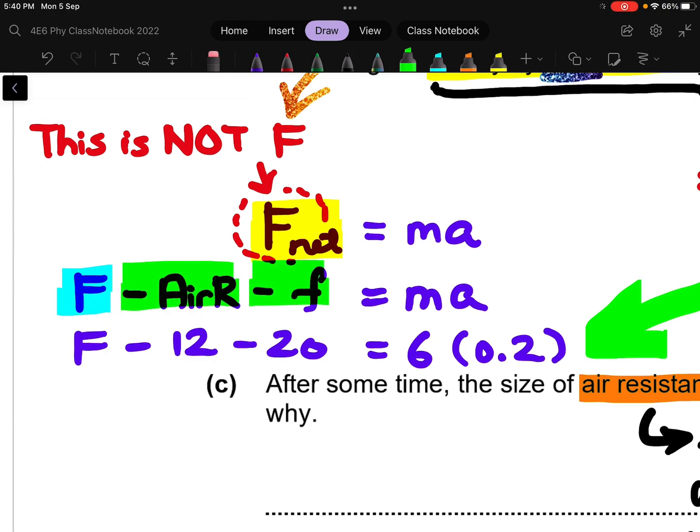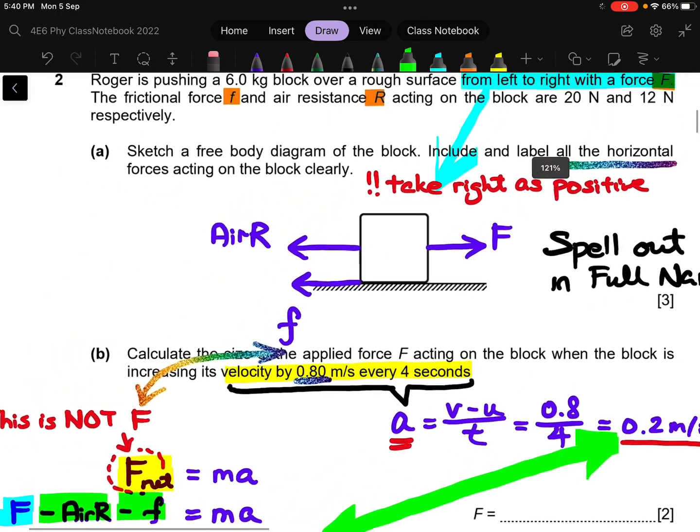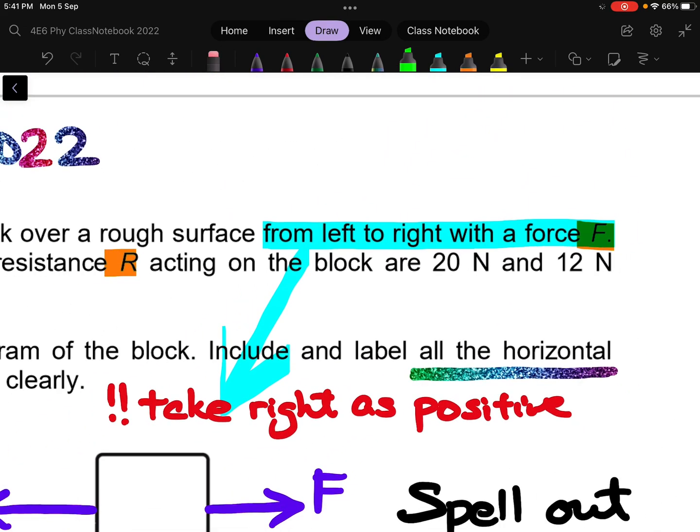Now, some of you may be asking me, why can't I use the right side as negative and the left side as positive? You can, okay? It's just that for me, when I teach my students, if you know that the object is moving from left to right, it is easier if you assign right as positive and left as negative.